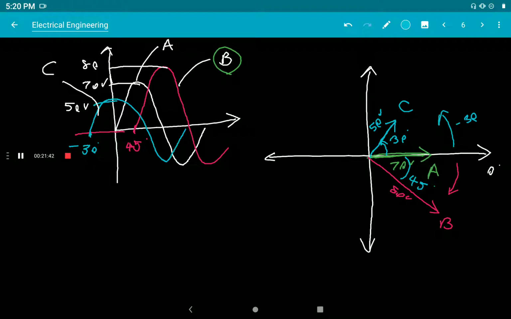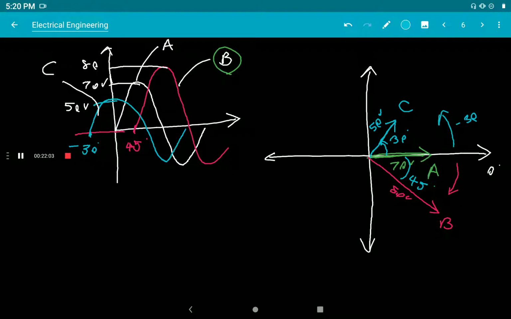So we can say the phasor diagram can be used to represent the relation between two or more sine waves of the same frequency. We can represent either a positive or leading wave or a negative or lagging wave in a phasor diagram.